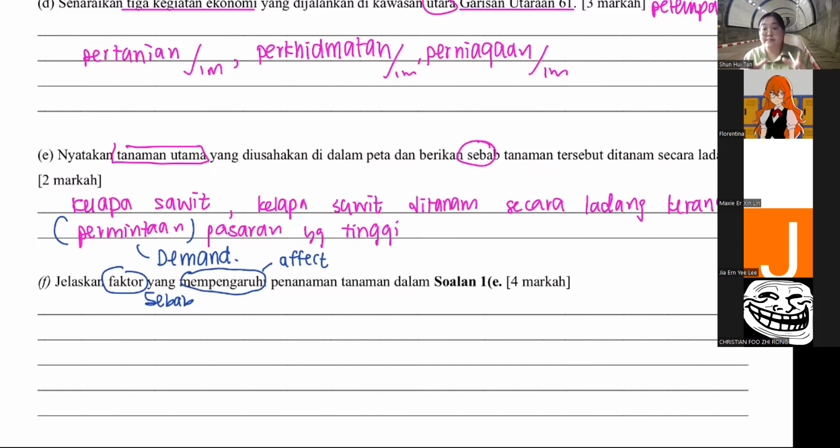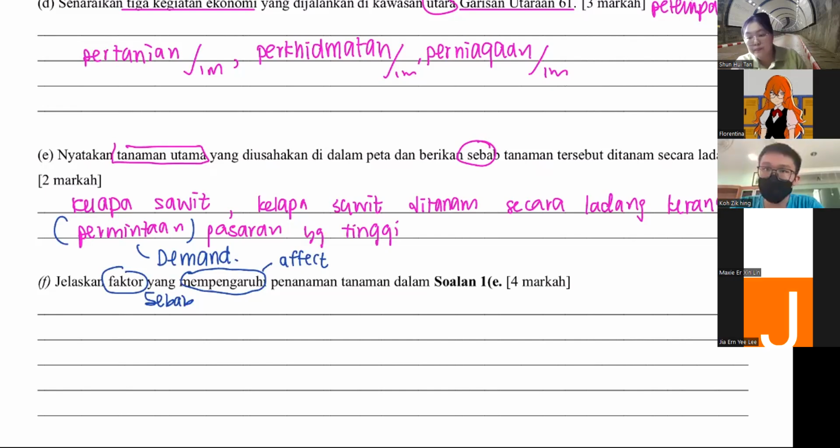Why? Because this is a map. Some of the teachers, they don't accept if you write suhu, because inside this map you can't feel the temperature. So normally we don't write suhu. We will focus more on bentuk muka bumi and saliran.